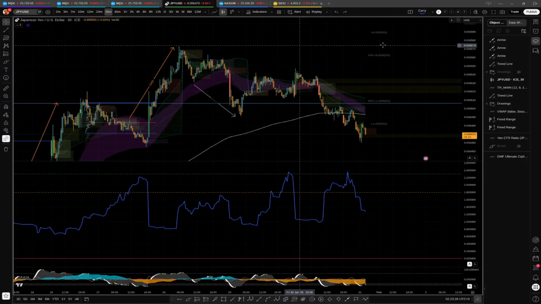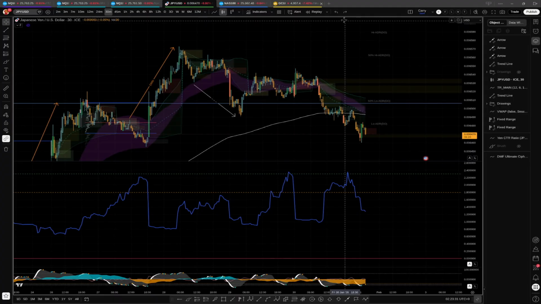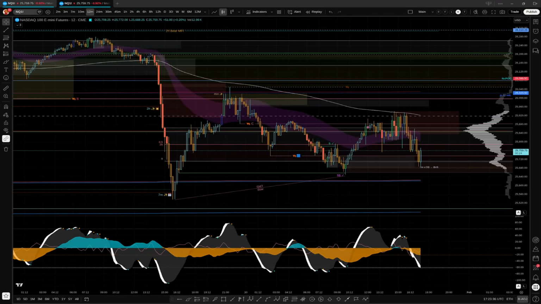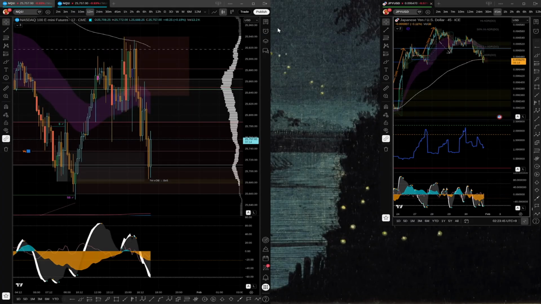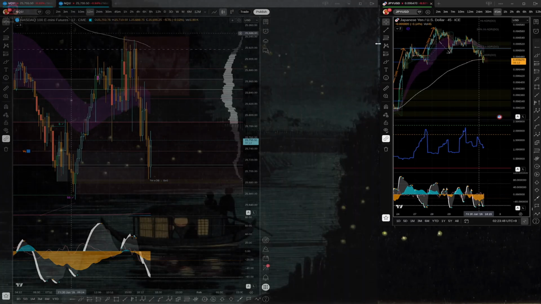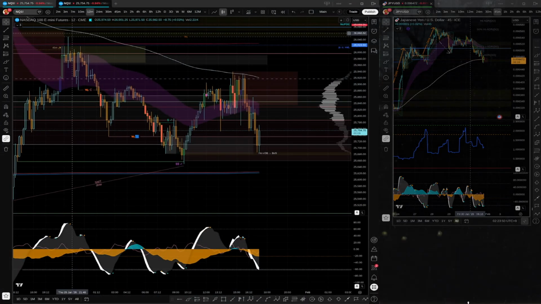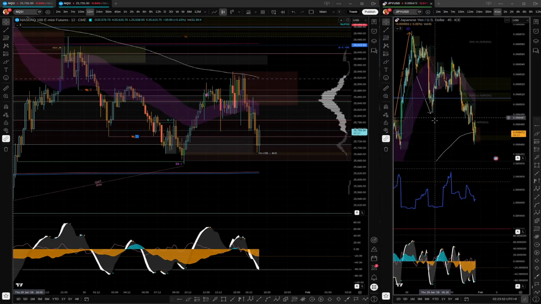So let's look at the NQ at this time alongside this CTR indicator. So this is the NQ. And I'm going to bring up just a little window here on the side that shows the yen as well.